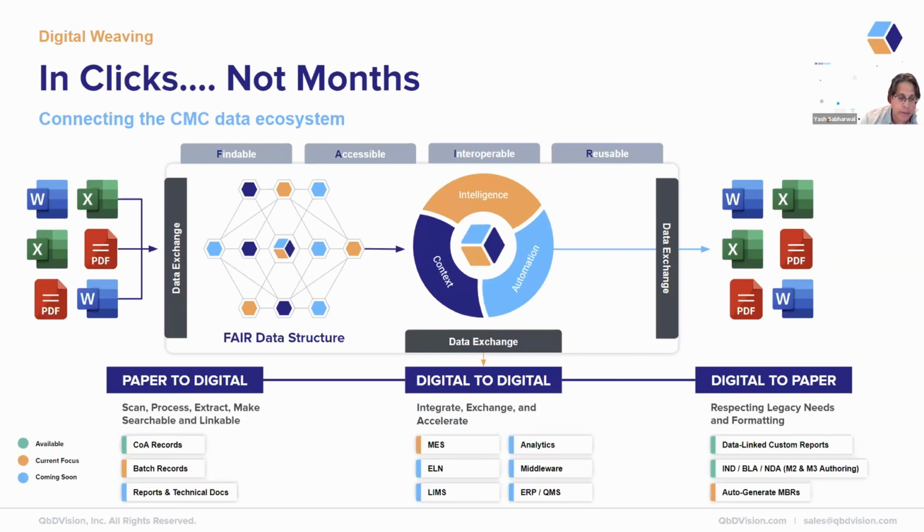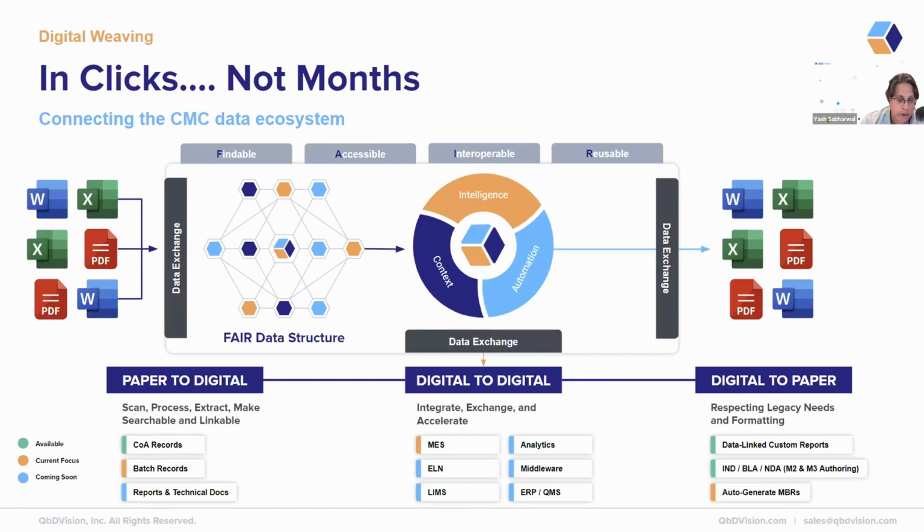And so we've spent a lot of time not just building a solution that's a structured platform, but really thinking about how you can exchange your information from paper to digital, digital to digital, and then digital back to paper. So we're building tools that allow you to scan and process and extract information directly from your reports and paper documents in a way that's digitized.